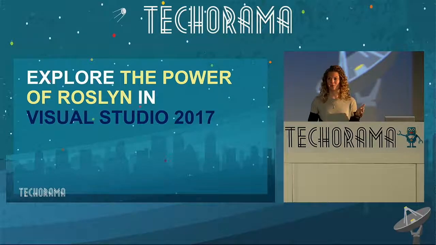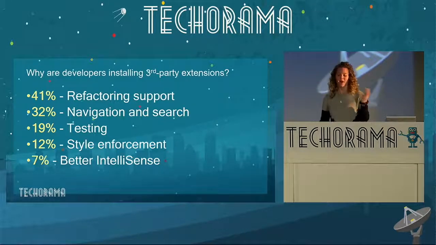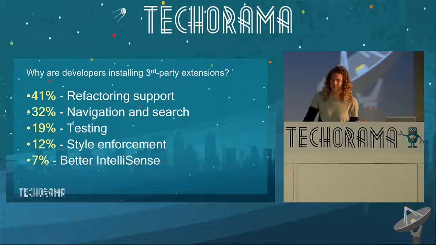For the rest of the talk, we're basically going to talk about how my team has leveraged Roslyn to make Visual Studio 2017 the most productive IDE out there, in my non-partisan, non-biased opinion. So let's get started. While we were working on Roslyn, which actually took 8 years for us to do, it was a huge investment.